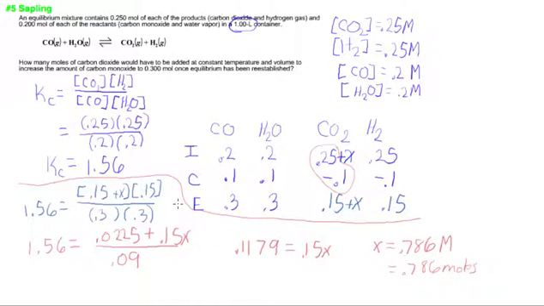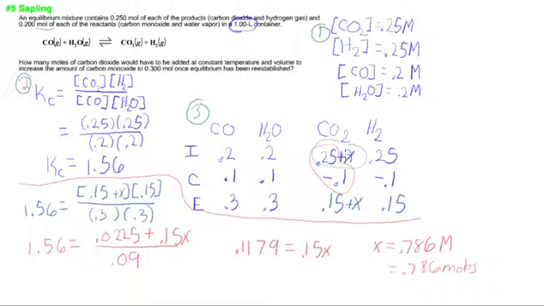Okay, so just a quick summary. First thing I need to do, since they give me the number of moles, I need to convert that to concentrations. Second thing, set up my equilibrium constant, solve for my equilibrium constant. Third thing I'm going to do is set up my ICE table using my initial values, or the values at equilibrium, except for the fact that I need to change the amount of carbon dioxide by adding carbon dioxide.